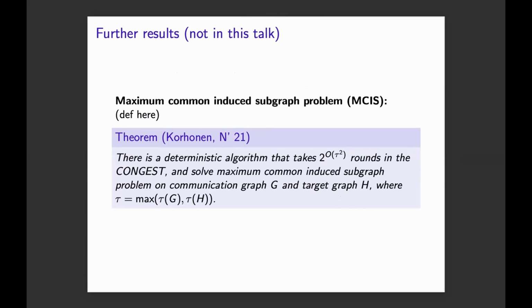And in the case of the maximum count induced subgraph problem, when parameterized by the vertex cover number of the input graphs G and H, we design a deterministic algorithm that takes 2 to the power of the vertex cover number of the graph rounds in CONGEST.